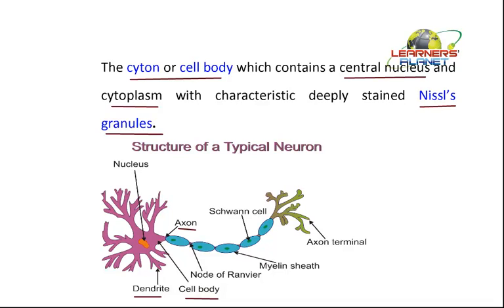So this management, this development of a nerve cell is actually maintained by the Nissl's granules. So here we can say the endoplasmic reticulum is basically presented in the form of these granules which participate in the protein synthesis. So this is the speciality of the cyton or a nerve cell present in the nervous system.